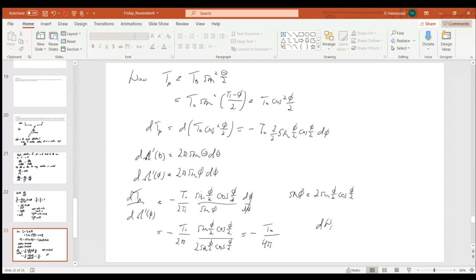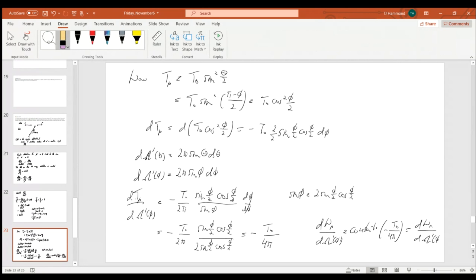And that gives us, remember from before, dN_p by d omega prime in phi is going to be some constant times negative T naught over 4 pi, and this is dN of our neutrons by d omega prime in theta.